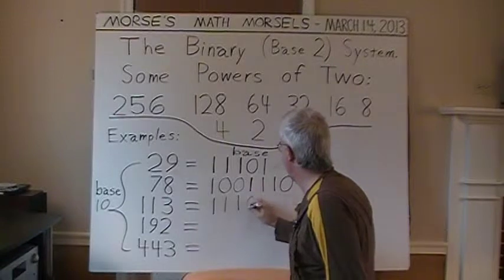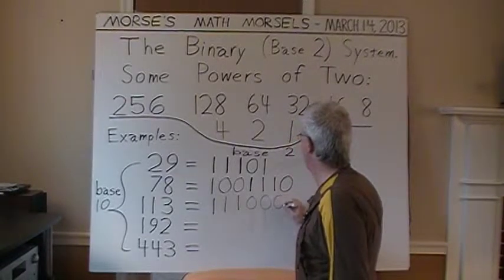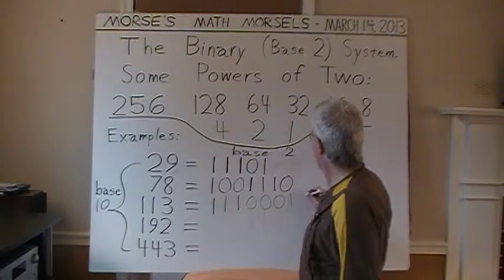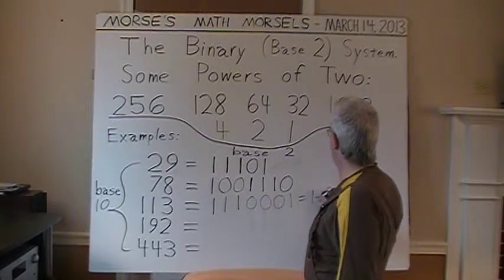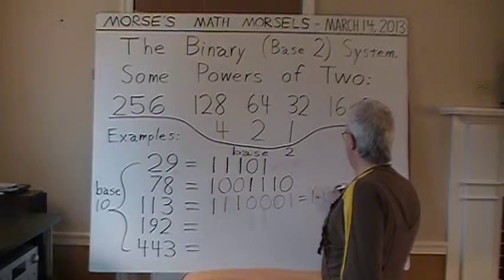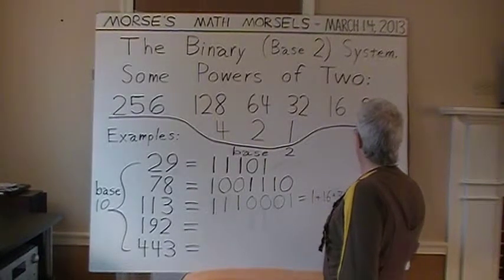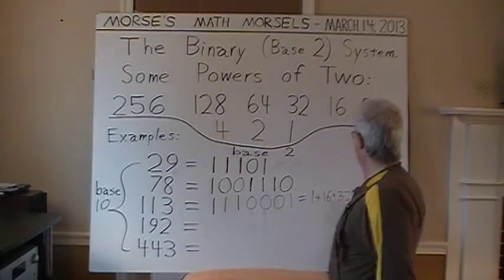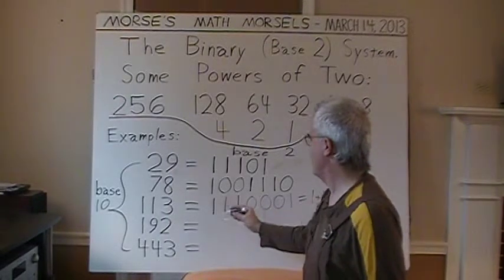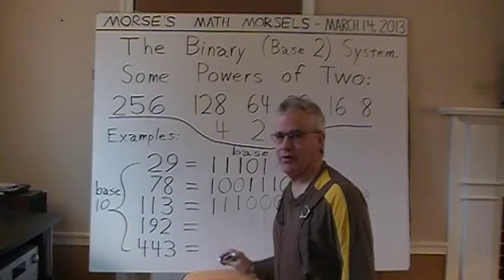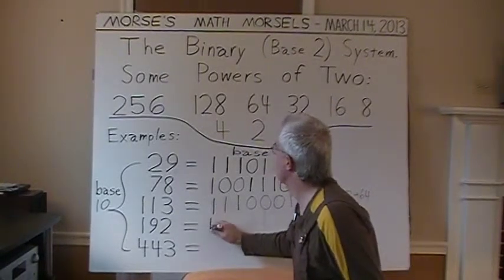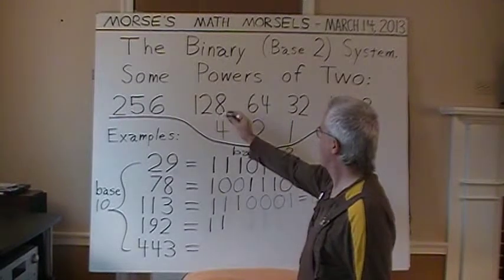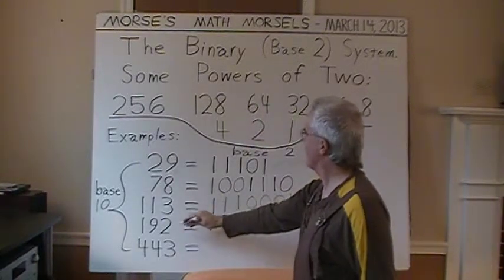So ignore the 8, the 4, and the 2. Finally, the 1. So that's a 1 plus a 16 plus a 32 plus a 64: 96, 112, 113. Next, 192, when you work it out, that'll be 128 and a 64. And that sum is already 192.